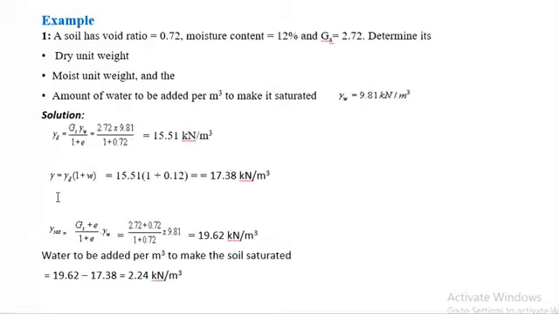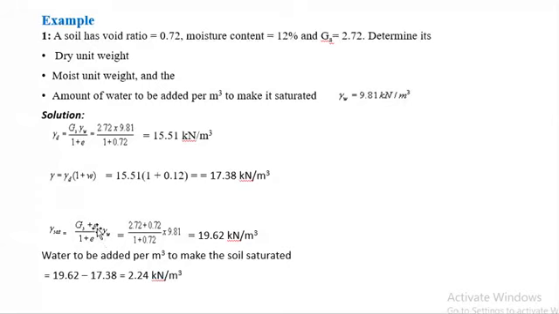And moist unit weight, the formula is gamma is equal to gamma D into (1 + w). Here we already have gamma D as 15.51, and 1 + w is 1 + 0.12, as w is 12%. So it will be 17.38 kilonewton per meter cube. If the soil is completely saturated, then the unit weight formula will be (G + e) by 1 + e.